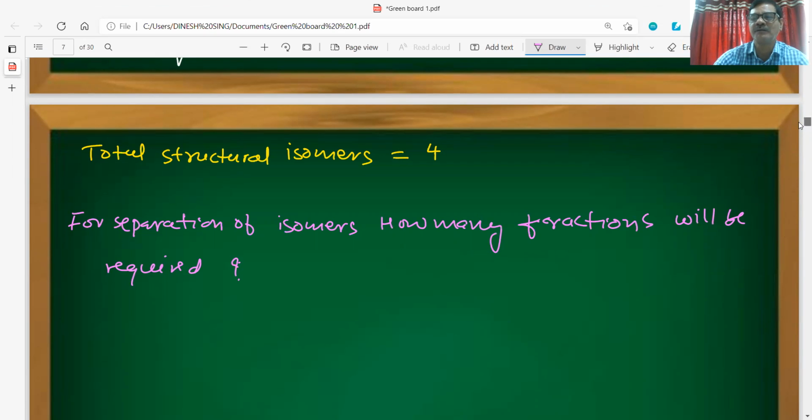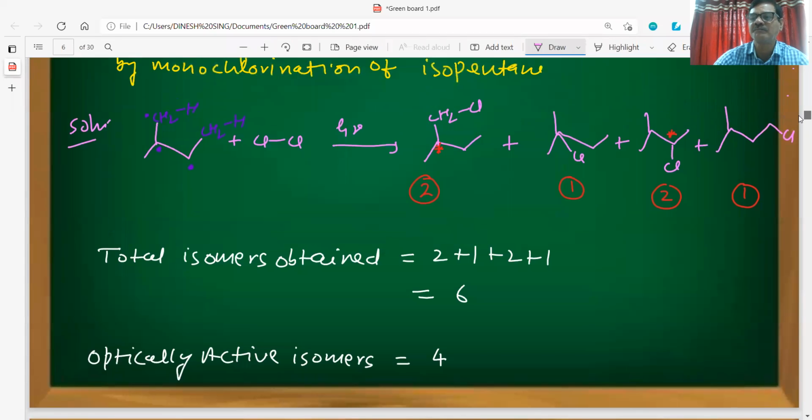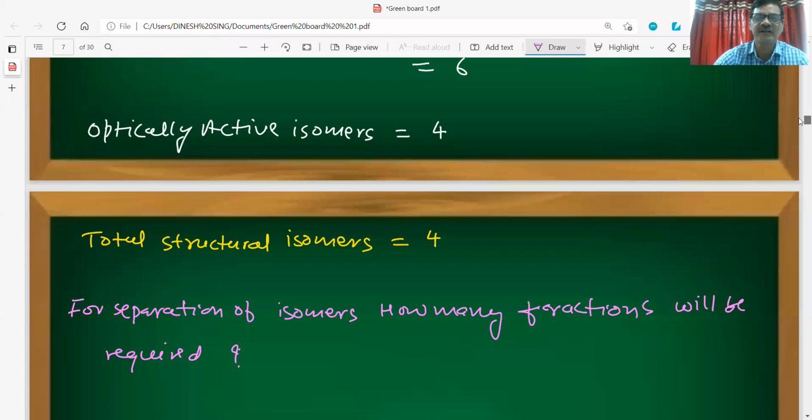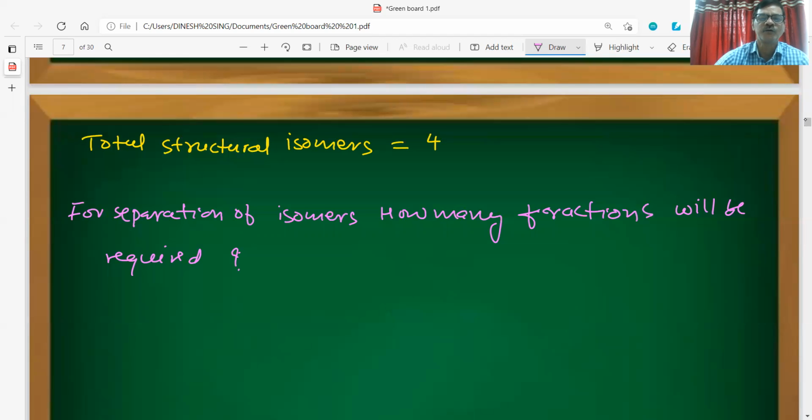Enantiomers have the same boiling point. In fractional distillation, if the isomers have different boiling points, they can be separated. So these two will have the same boiling point. This will have a different boiling point, this will also have a different boiling point, and this will also have a different boiling point. So a total of 4 fractions will be obtained. These enantiomers will have the same boiling point.